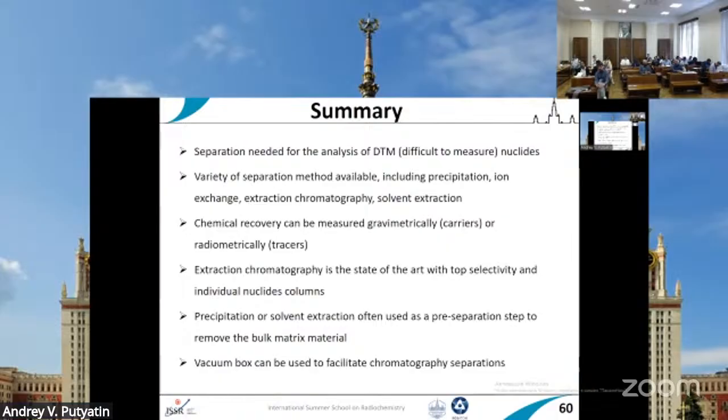To make this separation of beta and alpha emitters, we can use different techniques like precipitation, co-precipitation, ion exchange, solvent extraction, and the state-of-the-art, I would say, extraction chromatography. The vacuum box, I already mentioned, can really facilitate the separation and make the analytical procedure much faster.